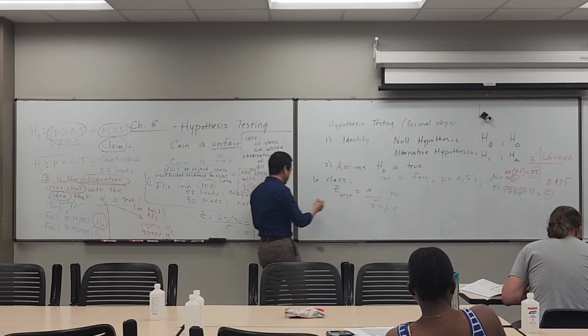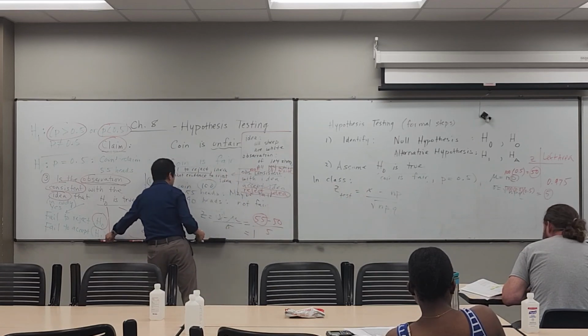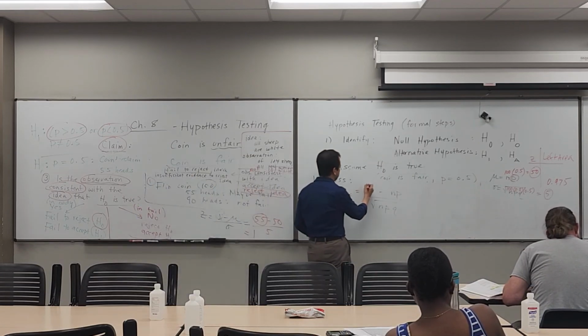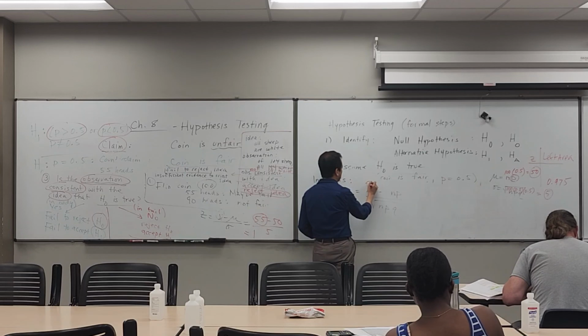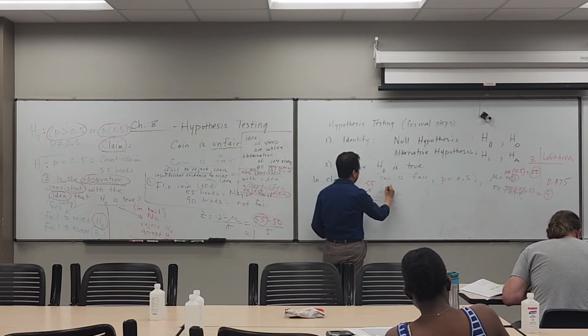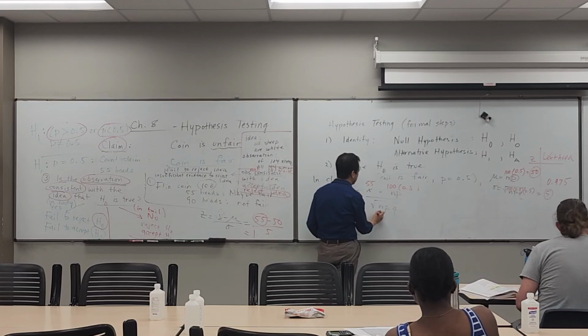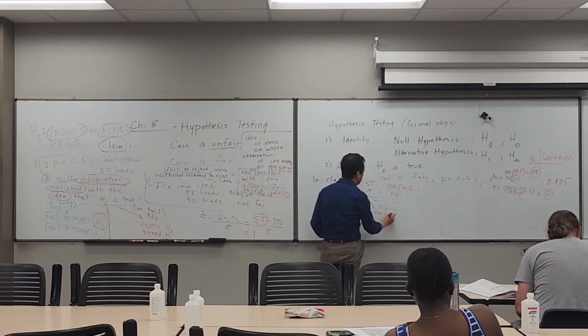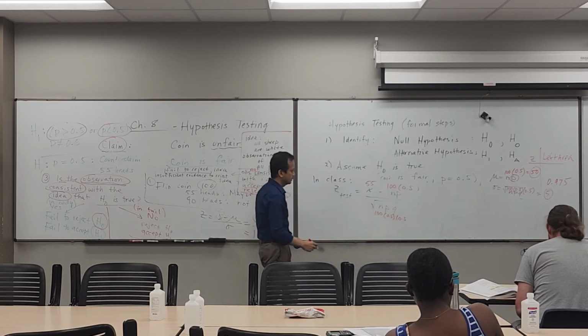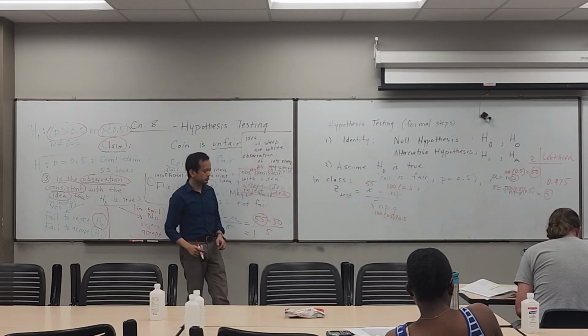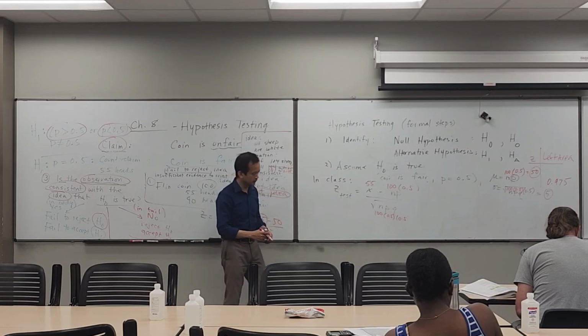So this is actually the formula we used, and the numbers that corresponded to those variables were here. N is 100, P is 0.5. So that's the formula we talked about together.